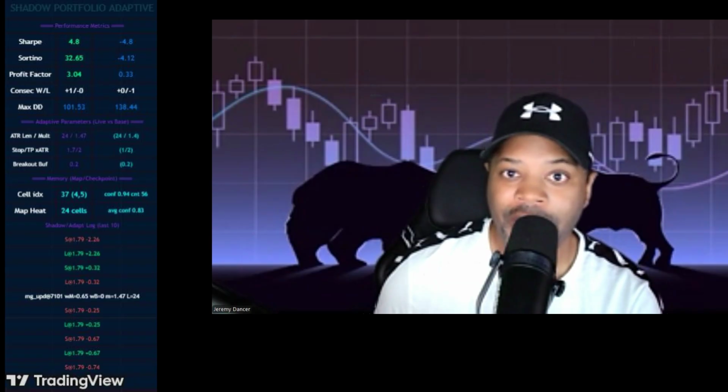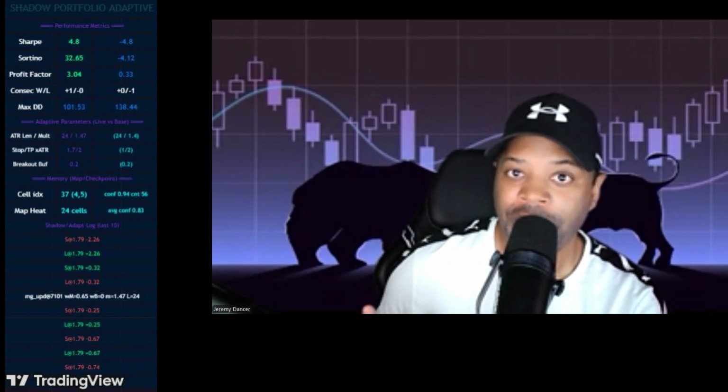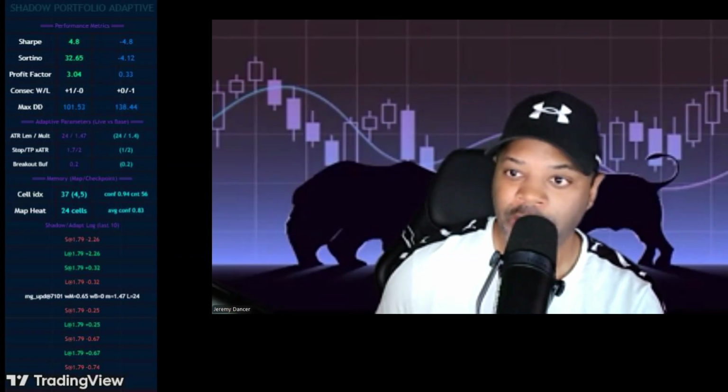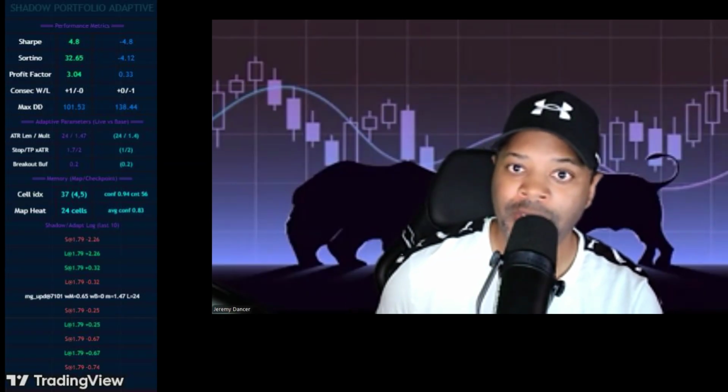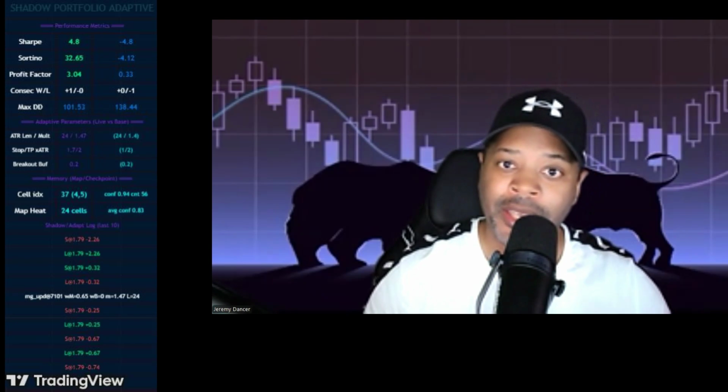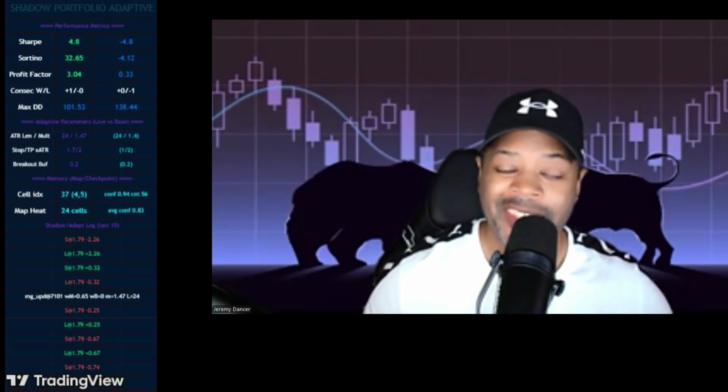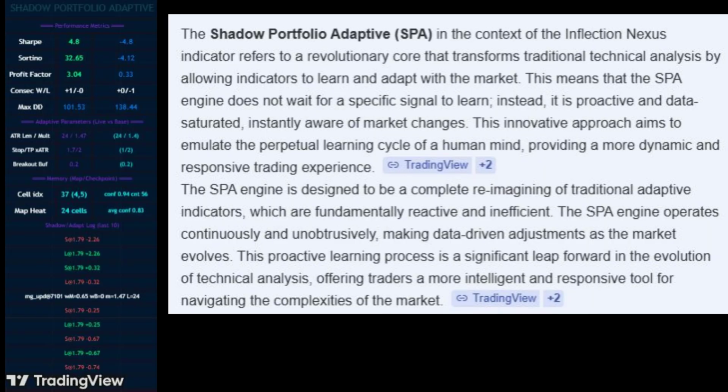Okay, now before we get into the indicator itself, this right here is the Shadow Portfolio Adaptive. It's SPA, that's what that stands for. And this thing is a powerful engine. You can read this description here and see it does so much.